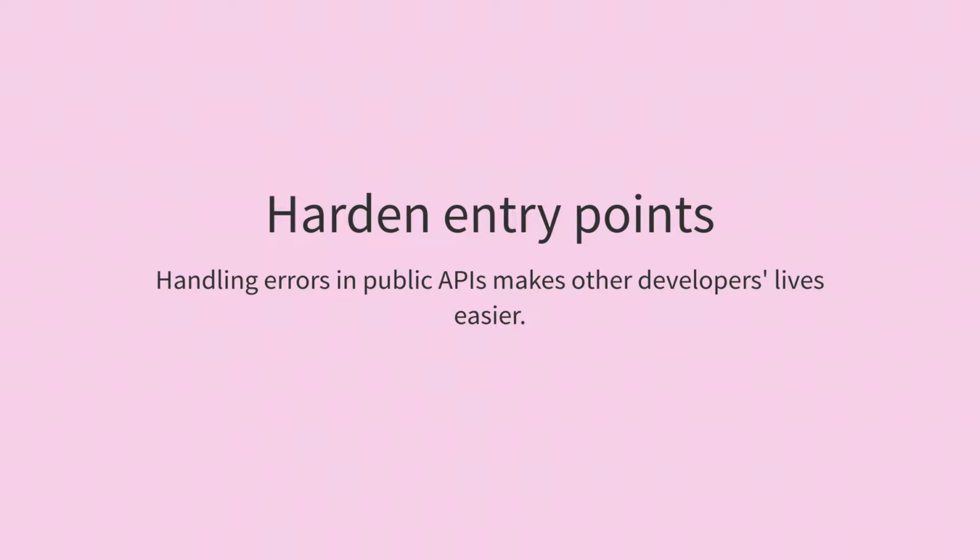You want them to be able to use it straight away, get their job done as soon as possible with the least amount of problems. So these are the points in your code that you have to spend extra care on to make sure that they don't fail, and if they do fail, they do so in a way that's useful. So if you only have a little bit of time to do this, do it in these places.